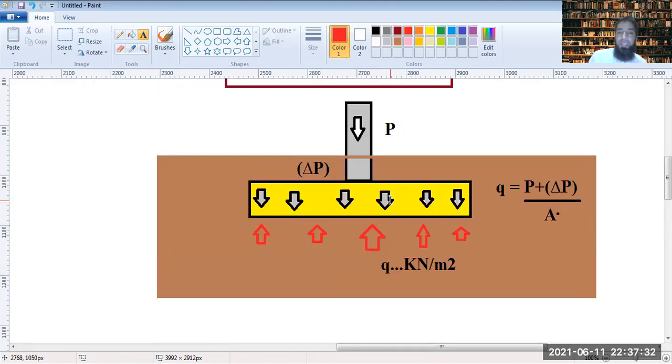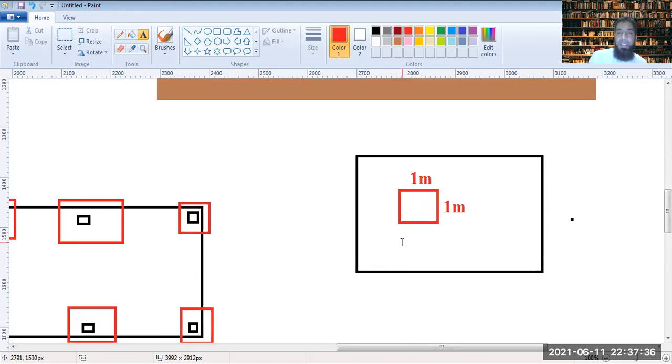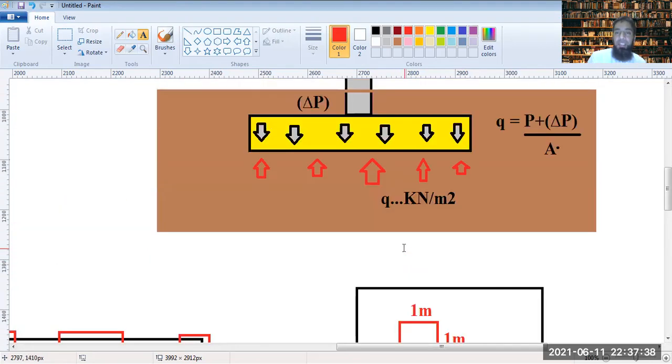And how much is that? That's Q. So this is actually an area load now being exerted as a reaction to the footing from beneath. The red arrows here are exerting the pressure onto the footing from the soil.